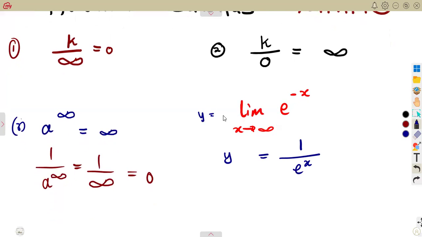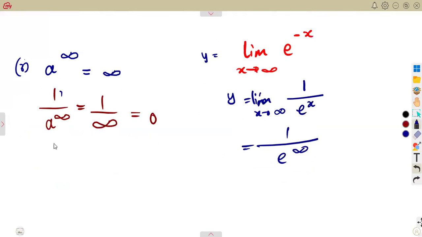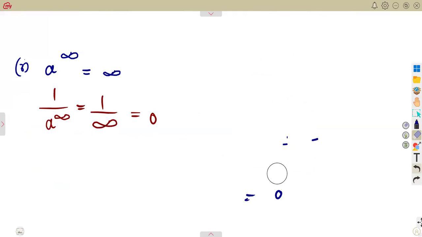So this will be limited to y equal to the limit as x is approaching infinity. Then we're going to consider 1 over e to the exponent of infinity, which is the same as what we had here. So meaning to say we're going to have 1 over infinity, which is 0. So this can be given as an expression or maybe a combination of terms that you're given.